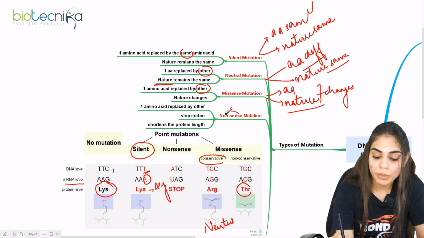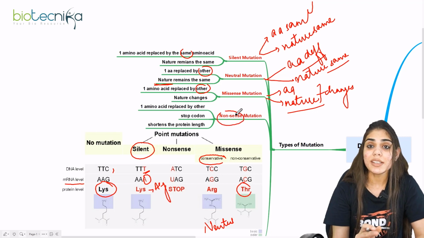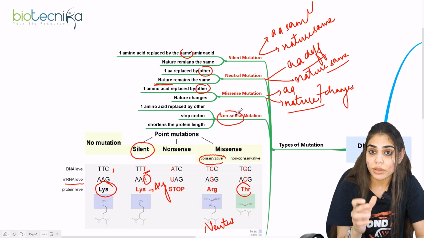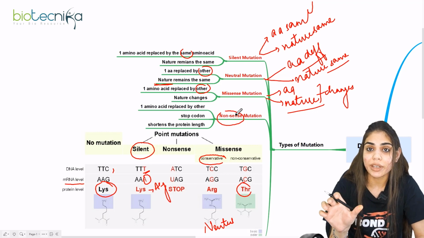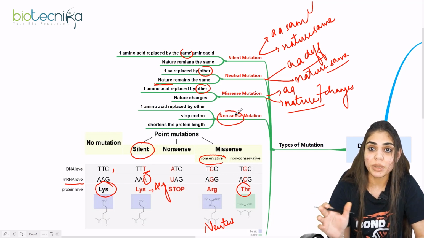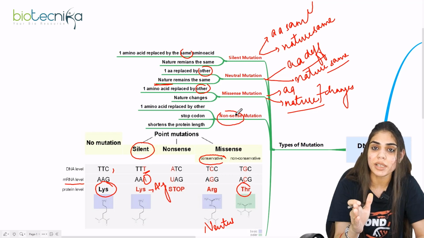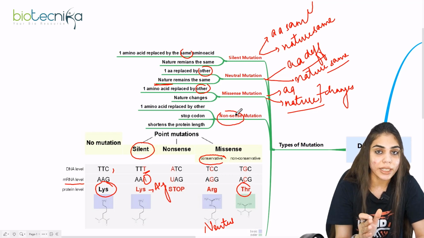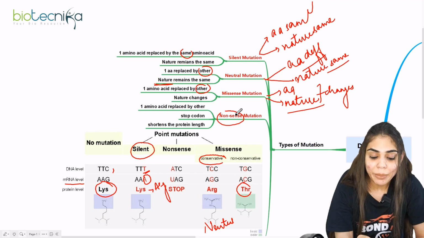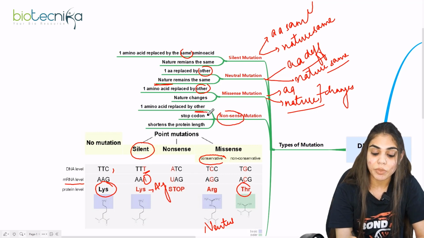What do you understand by nonsense? Sense means open reading frame, and that will become nonsense, meaning it will not code for any protein, and the protein step, or you can say the translation process, will be halted or blocked. Why? Because the amino acid codon is replaced and this time the codon will be a stop codon.